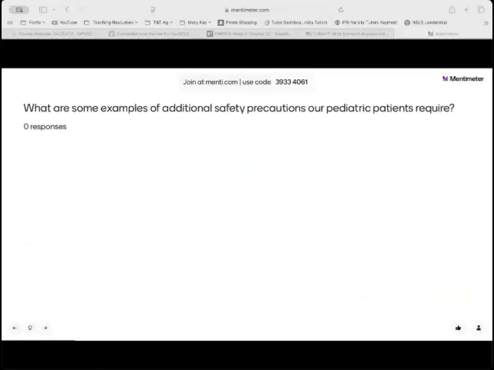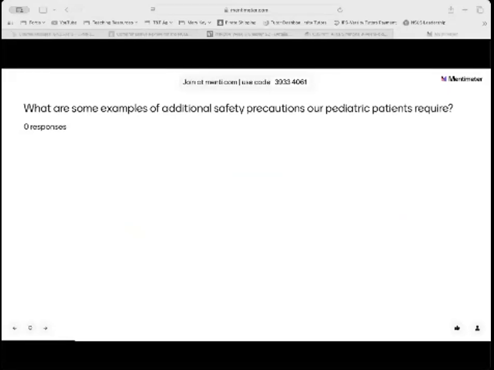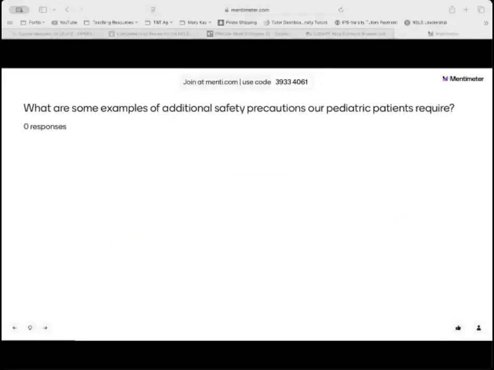So thinking about our pediatric patients, what are some extra safety precautions that we have to take with them that we might not have to take with adults? You guys can type them in or shout them out, either one. Med errors.